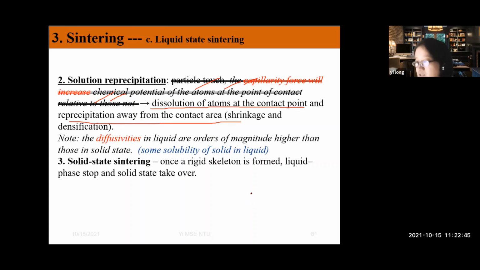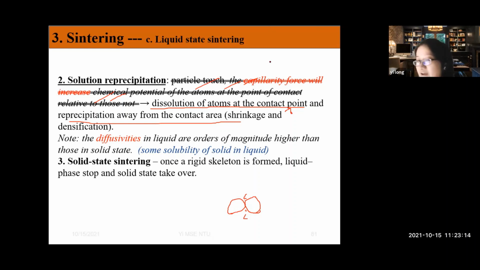If you have particles and in between you have a liquid now, this is different from solid phase sintering. You can see the atoms here. So the dissolution of atoms happens at the contact point. What is the contact point when you have two particles come together? Can you type?